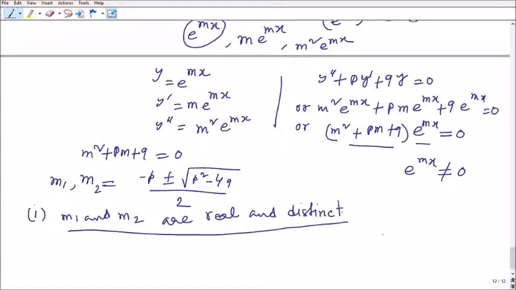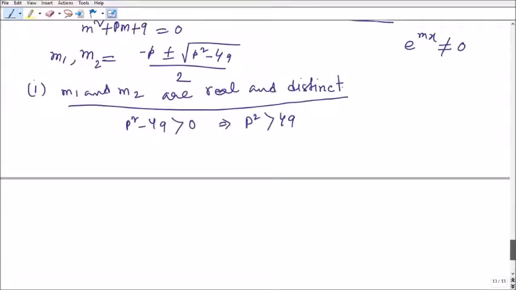So m1 and m2 are different but real numbers. This is possible when p square minus 4q is greater than 0, that means p square is greater than 4q. So m1 and m2 are real, and they are distinct.